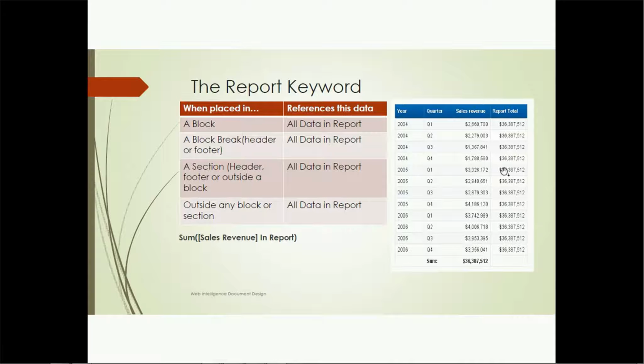So for all the years on each row it will display the same data. So this is nothing but the report keyword. So wherever we place it, whether in block, break, section, or outside any block or section, it will display the data which is available in the report. Okay, so this is about the keywords.